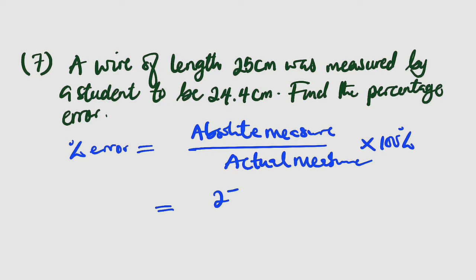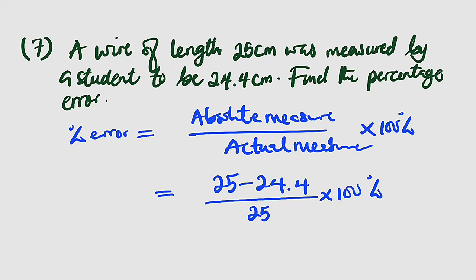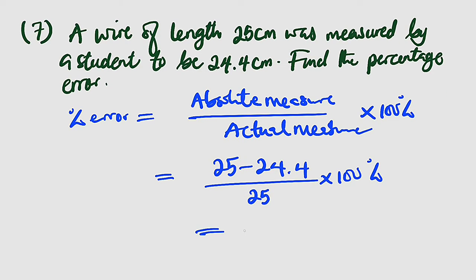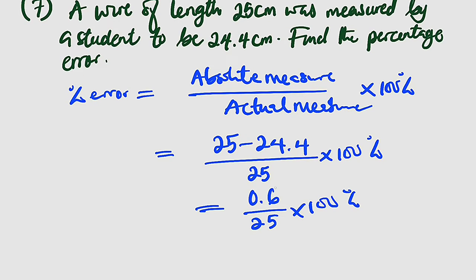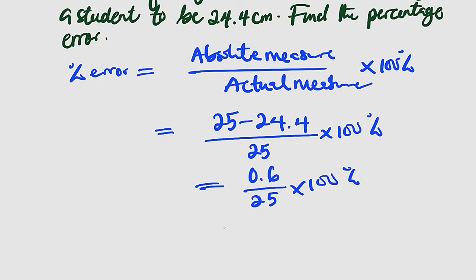We have 25 minus 24.4, then divide by the actual measure, which is 25, then you multiply by 100%. So 25 minus 24.4 will give us 0.6 divided by 25 multiplied by 100%.